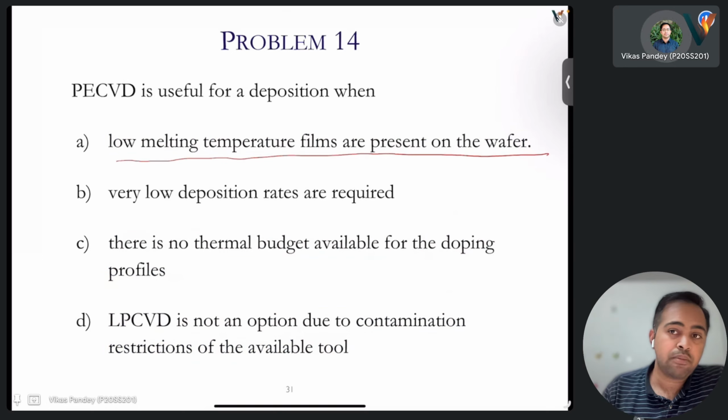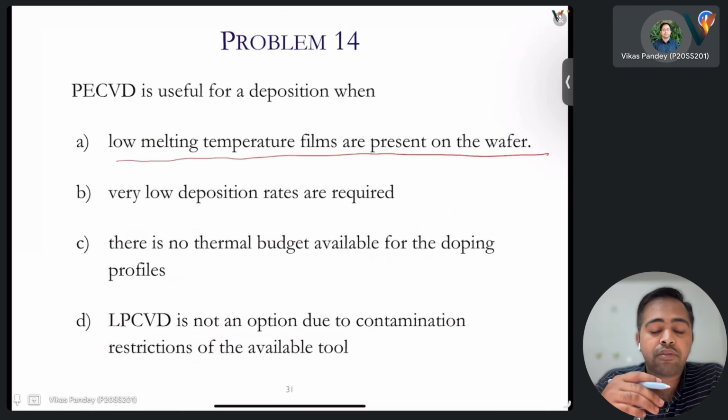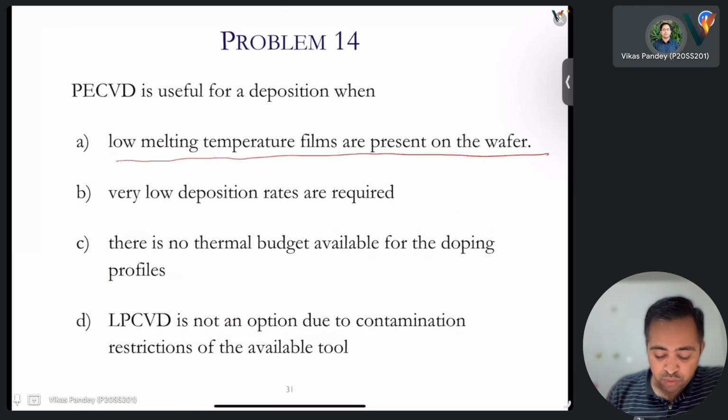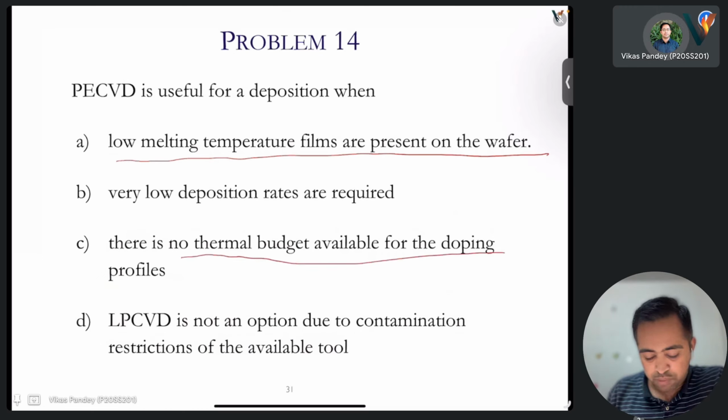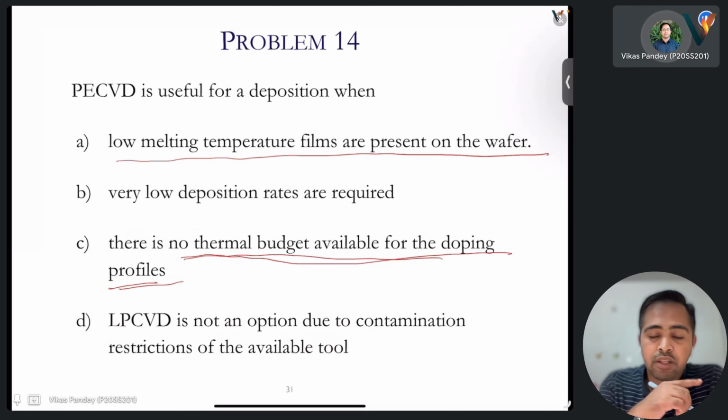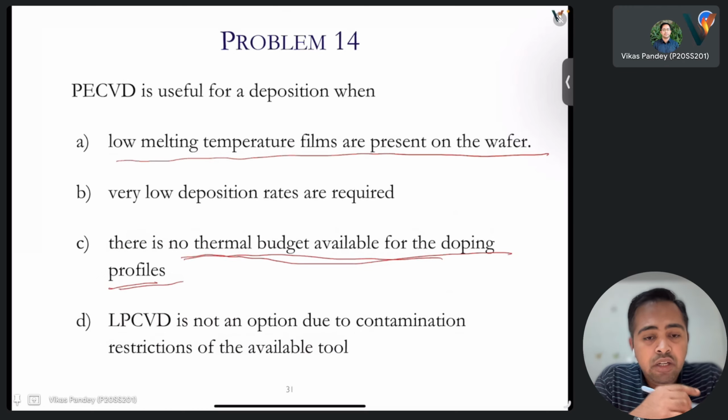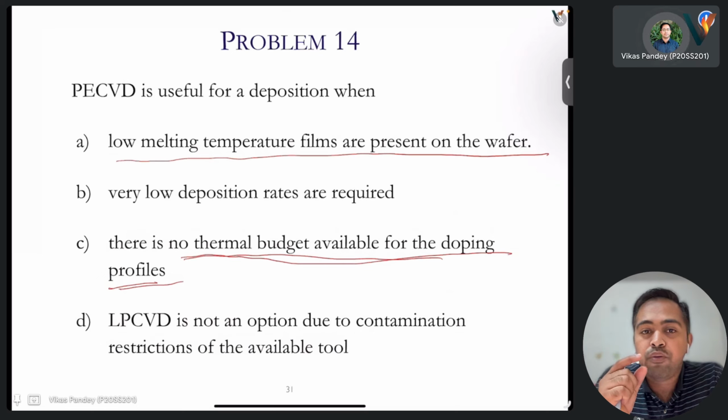No, it is not like that, because plasma enhanced CVD will not have a low deposition rate. In fact, we are using the plasma to increase the deposition rate, right? There is no thermal budget available for the doping profile. That means, like we saw in the case of boron doped silicon, that we cannot go for higher temperature. If we go for that, the doping profile will change.